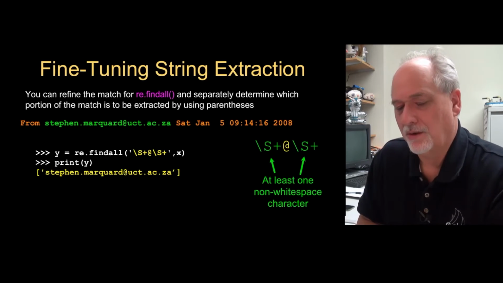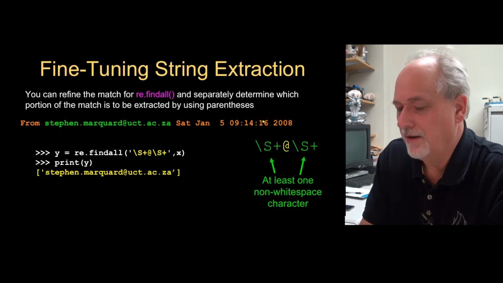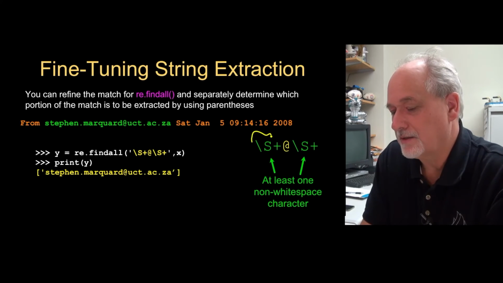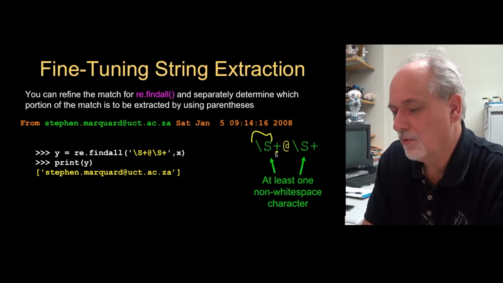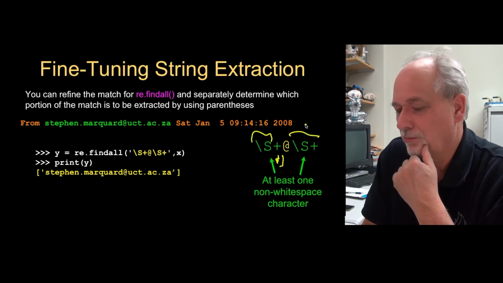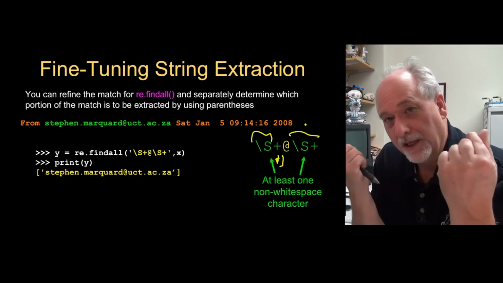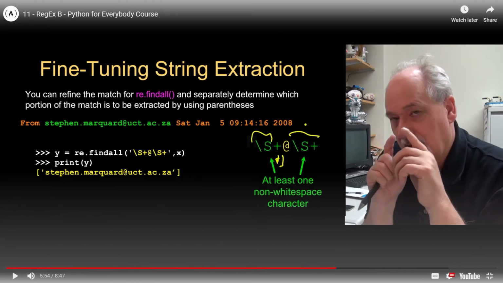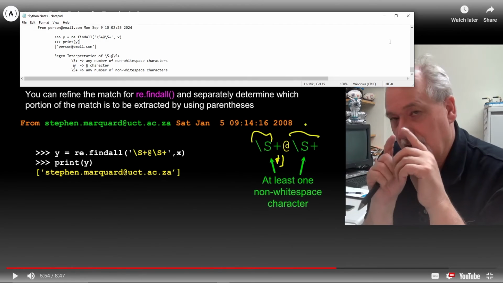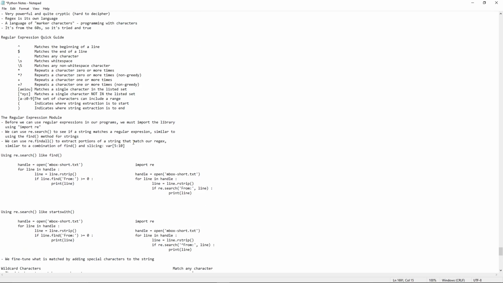Let's take a look at this little example where we have a non-blank character \S, one or more of those non-blank characters, followed by an @ sign, and then again one or more non-blank characters. So this is looking for strings that have an @ sign with non-blank characters on both sides. And remember, we wrote all these down, so you can go and look these up if you want.